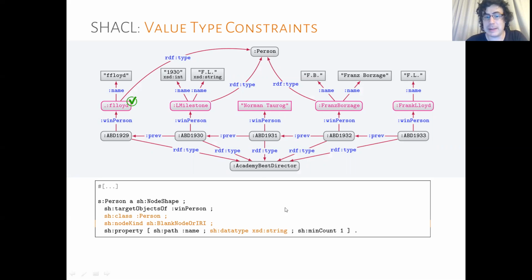And it must have at least one name. So this is going to fail. This is a string literal, whereas the person itself must be a blank node or an IRI. So this will fail. Here we have 2 names, and we have a person who's an instance of person. So this looks fine. Finally, we have someone who has a name, but isn't an instance of person. Needs to be an instance of person due to this class person constraint. Fails.